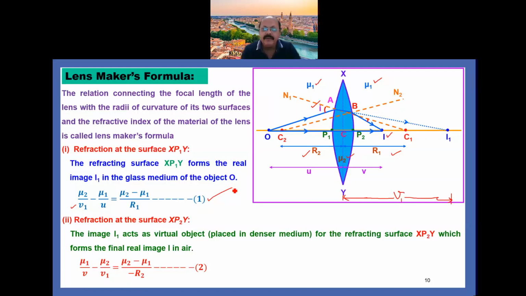The formula becomes mu1 upon v minus mu2 upon v1 equal to mu2 minus mu1 upon minus r2. In place of r, we write r2. So mark this equation number 2.